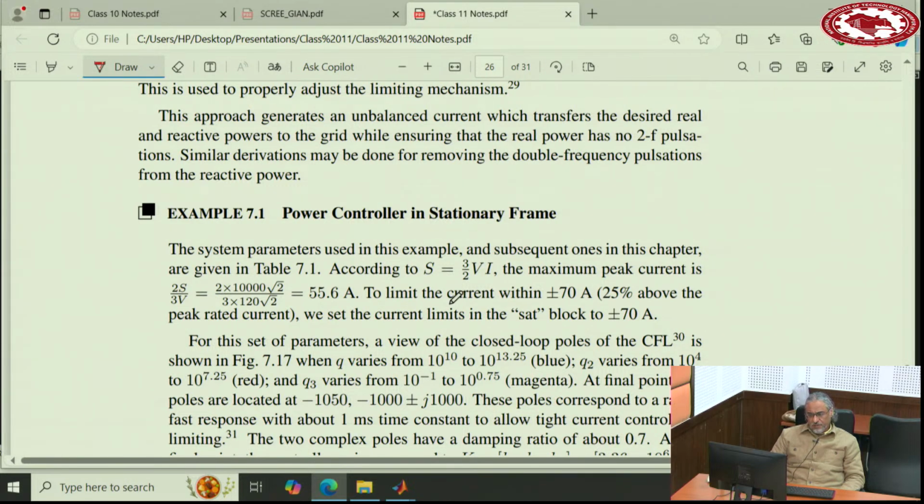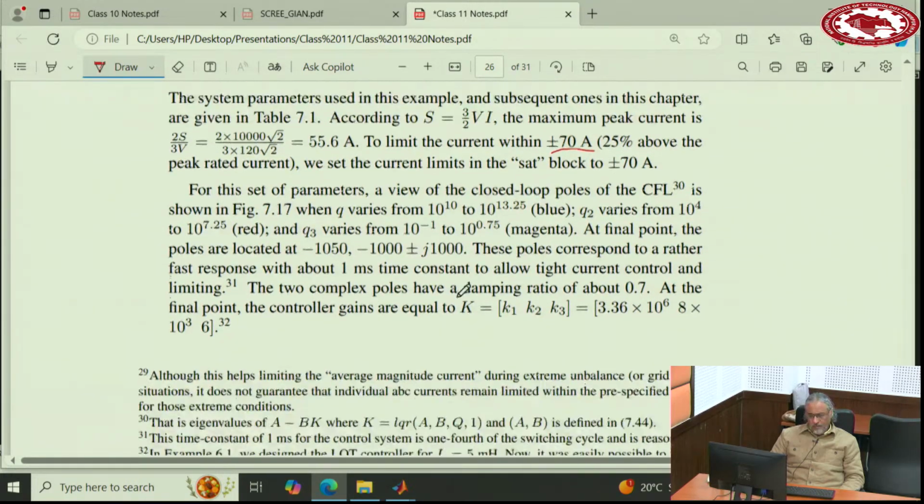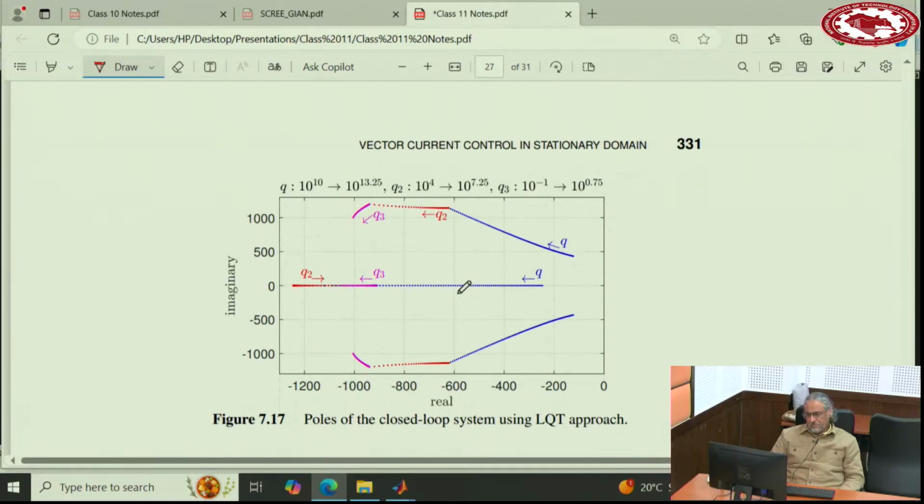So the rated current at full load condition is 55.6 amperes, but we would like to limit at plus minus 70. The design of K1, K2, K3 we have already done before. The same diagram that we had in single phase because it's the same system. In alpha beta, the good thing is that these channels are separated. So the same design that we had in single phase, you can use it here.